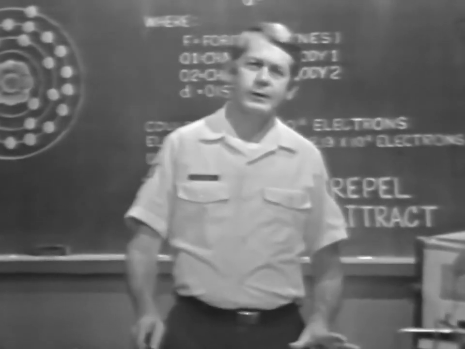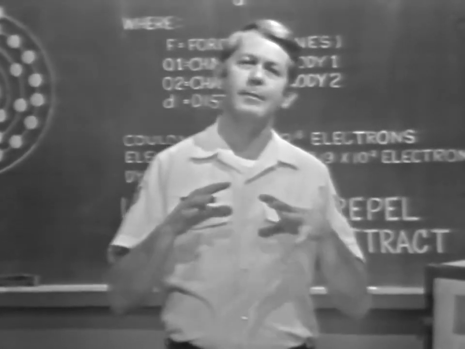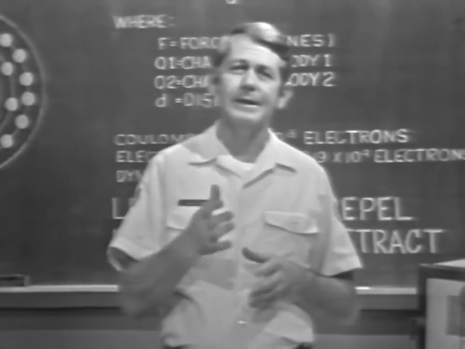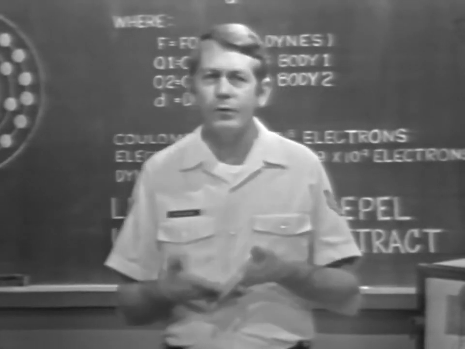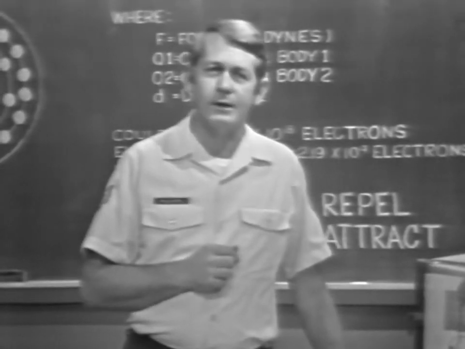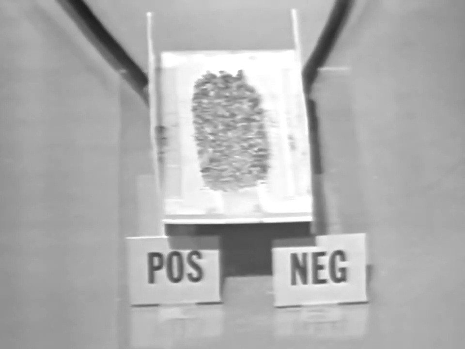Now, in this demonstration, the attraction and repulsion occurred because an electrostatic field is developed between the charged bodies. Now, don't let the term electrostatic field throw you. It's nothing more than the unseen force about a charged body. We can determine what the field is by using the demonstration we saw at the beginning of the lesson. Now, I'll place a positive charge on one metal plate and a negative on the other, and there should be a force of attraction.